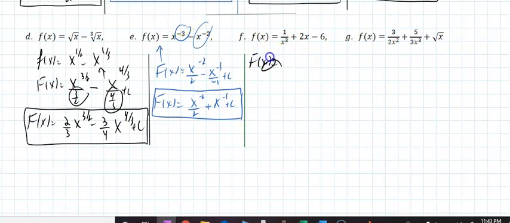Now, before I start this problem, I notice this has a fraction, so I'm going to rewrite this. I'm not doing an antiderivative yet. I'm going to say that's x to the negative 3. And when I say now what's the antiderivative, add 1 to the power, divide by that. Add 1 to the power, divide by that.